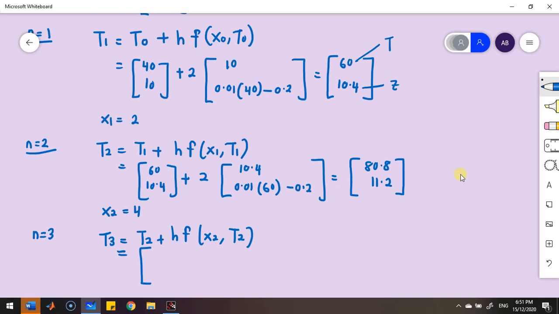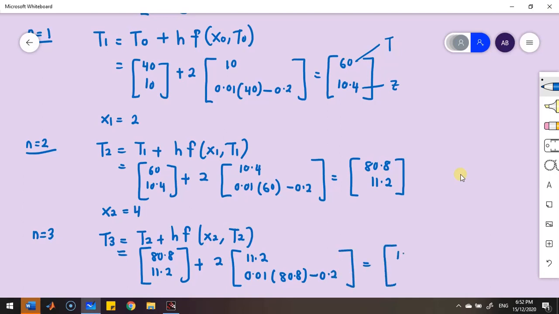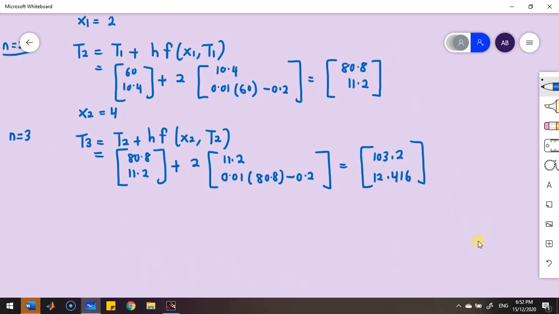So I have 80.8 and 11.2 plus 2 of 11.2, my z, and then 0.01, 80.8 minus 0.2, which equals 103.2, 12.416. Okay, my x3 will be 4 plus 2, which is 6.